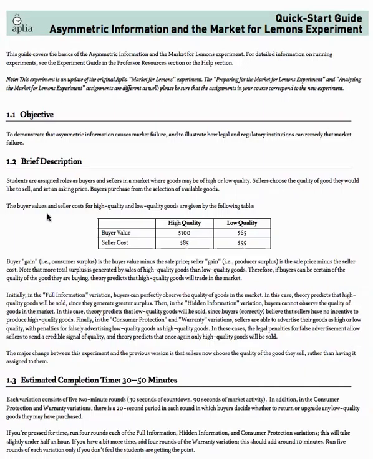So the buyer value and the seller costs for high quality and low quality goods are given by this table. So for example, if you have a high quality, in this case we'll refer to it as an MP3 player, the buyer value would be $100 and the seller cost would be $85. It certainly makes sense that you'd expect a higher price to emerge from such a product.